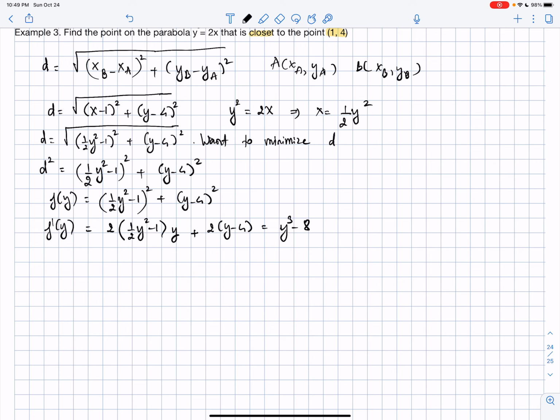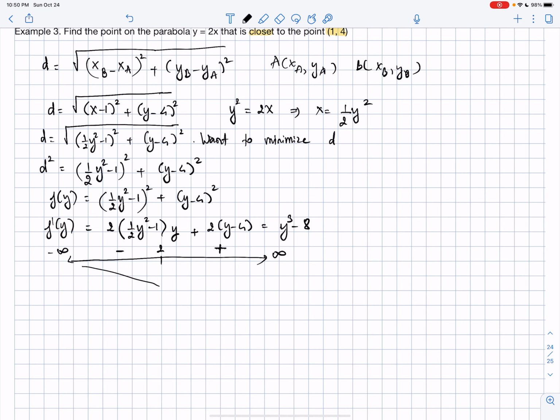Then we only have the zero for f prime of y, which is 2. So we only have one point. So negative infinity to positive infinity, and we have 2 here. We test in the point. Anything that's smaller than 2 will give negative, and anything bigger than 2 will give positive for f prime of y. So we will have going down and going up.